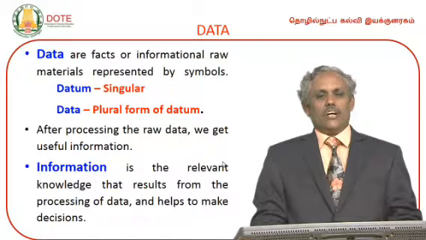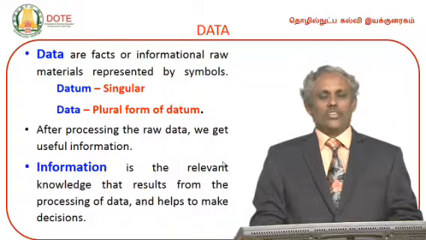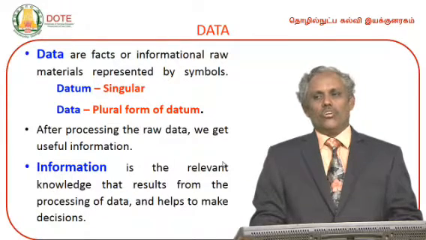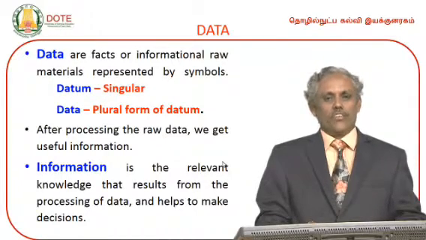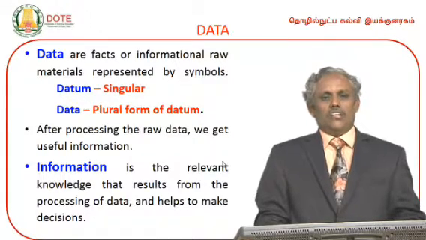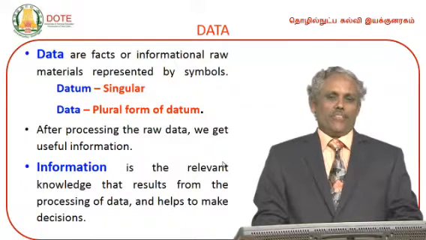Data is a plural form of datum. So, datum is a singular. So, do not say datas. Actually, data itself is a plural. So, it represents informations or facts. So, after processing the raw data, we get the useful information.